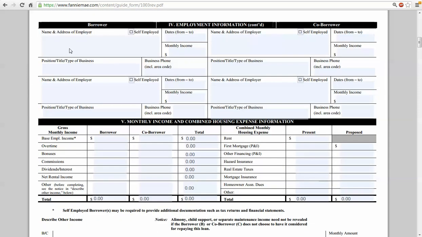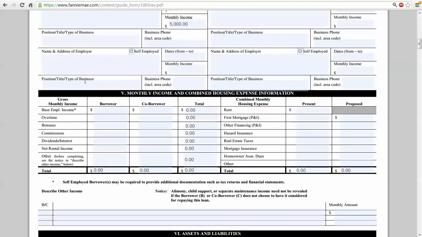And if you go down to this section, this is where you're going to detail how long you've worked for the company and what your gross monthly income is. So this is your pre-tax income. So if you're making $60,000 a year, then you'll put in $5,000, and then again, make sure you detail the dates of when you started with the company, and obviously it'd be to the present with your most current one, and then the next previous employer to that.